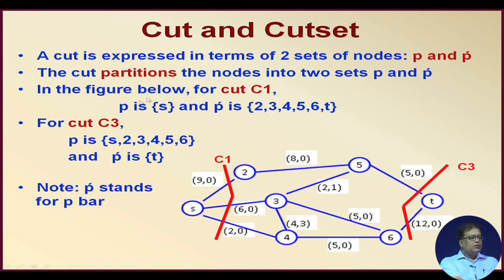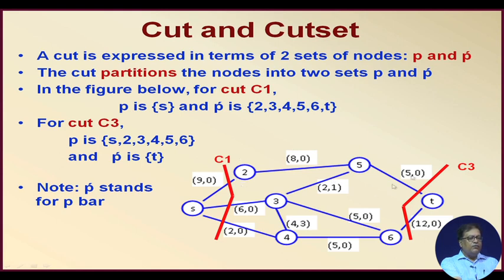Look at the cut C1, it partitions the nodes into two parts. On one side is P, which is S, the other side is 2, 3, 4, 5, 6, T. So set P is S and set P bar is 2, 3, 4, 5, 6 and T. Every cut separates the nodes into two sets.